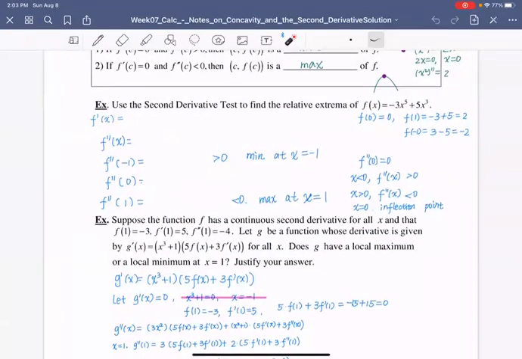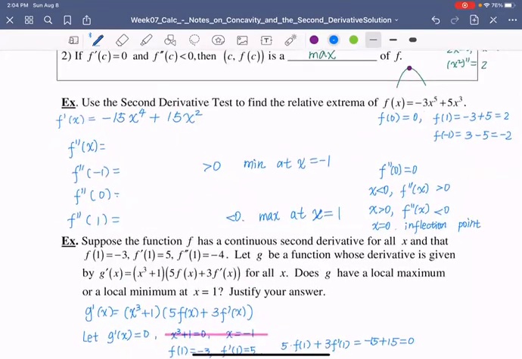Let's do this together, okay? Cindy, can you tell me your solution for here? So negative 15x to the power of 4 plus 15x squared. Okay. What do we do next? So next you find the second derivative, which is negative 60x cubed plus 30x.